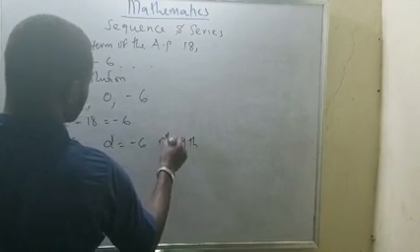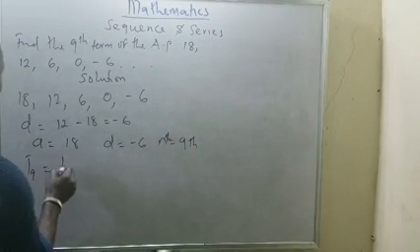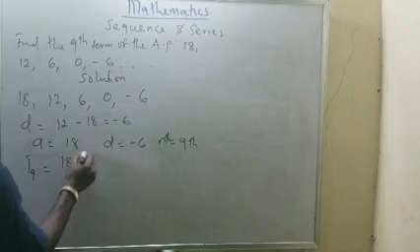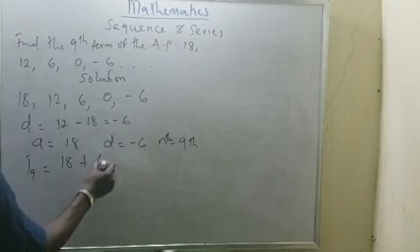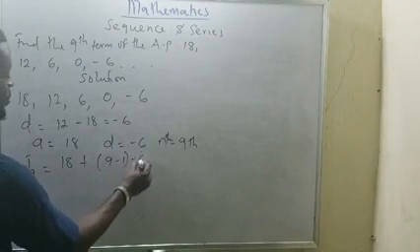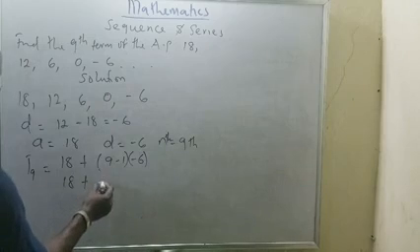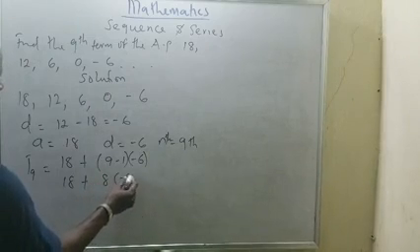Since I have that, my T of 9 will be equal to 18 plus (9 minus 1) times minus 6, which is 18 plus 8 times minus 6.